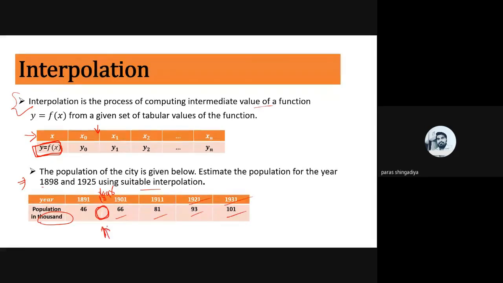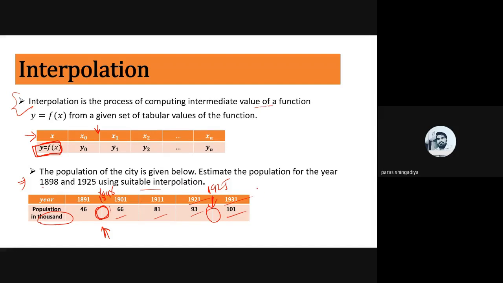We want the approximate population in this year. Similarly, another year is given, 1925, so we need to predict the population at 1925. We can use the interpolation formula to predict such approximate answers for the population growth in any given year, anywhere in the interval.